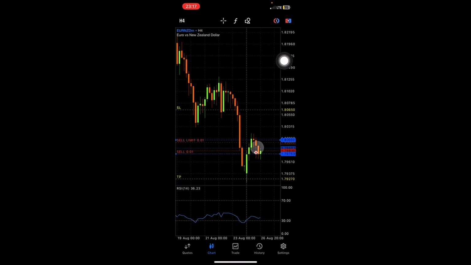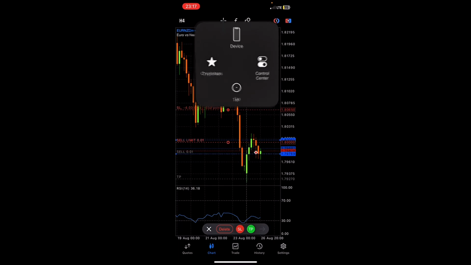You are predicting that the market is going to move from here downwards. That is why you set your take profit below the sell, so that when it gets here, whether you are online or not, the market will close the trade with your profit. That's take profit. But when it reverses and doesn't go your way and goes into your negative, that means you're losing money. Stop loss is there to make the market close when it gets to this point, to stop your loss. Do you get it?